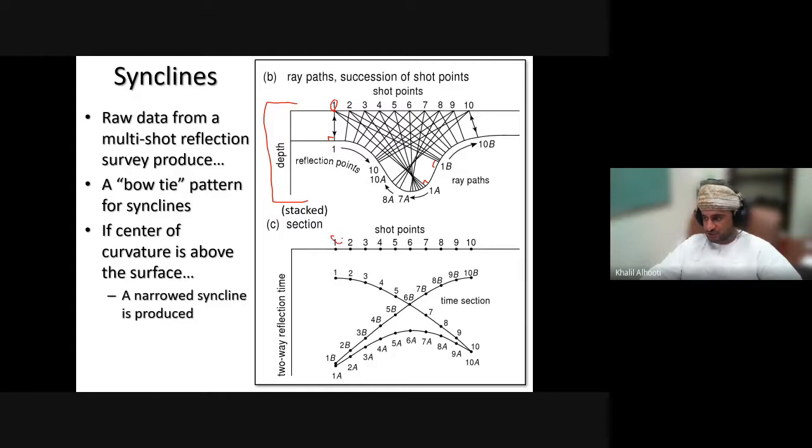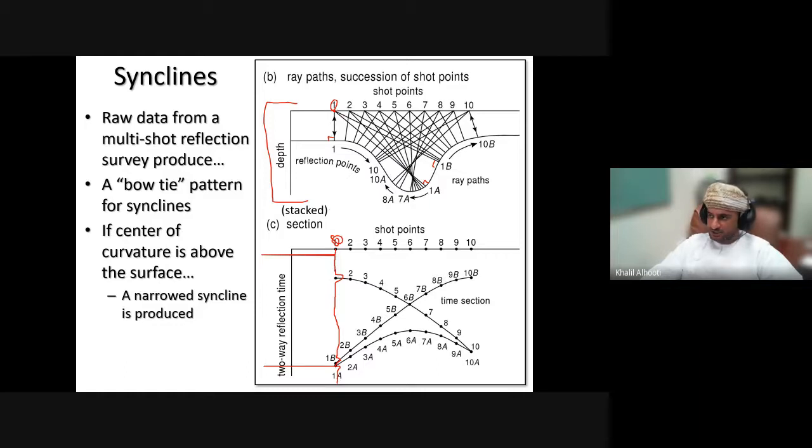So this is a zero offset, where the source and receiver are at the same points. I receive 3 different reflections. The energy goes something like that. Another one, another one. 3 different reflections. My question: the first reflection, from where is it coming?